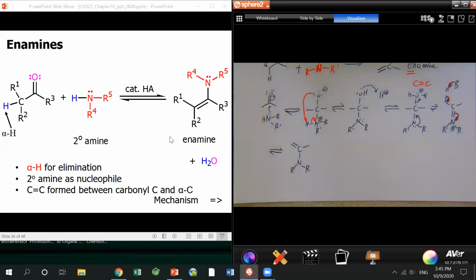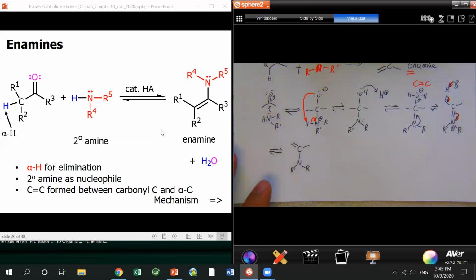That's the difference. The reaction mechanism is not required for enamine formation, but it is required for imine formation, with primary amine or alcohol, primary amine with ammonium.